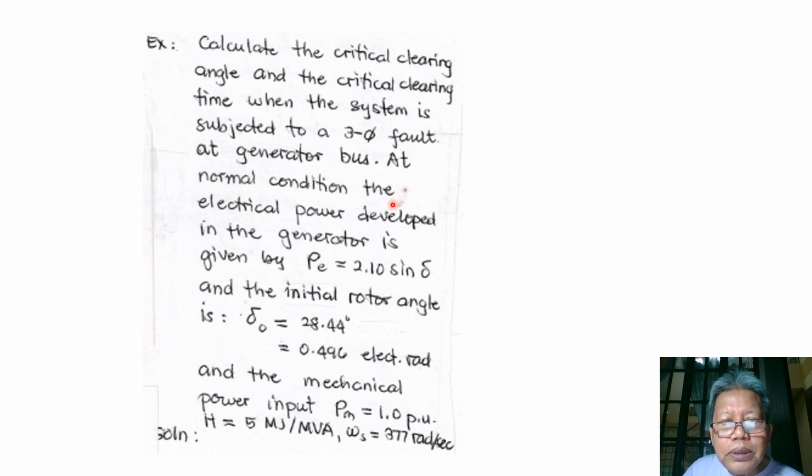At normal condition, the electrical power developed by the generator is given by Pe equal to 2.10 sine delta per unit, and the initial rotor angle is delta O equal to 28.44 degrees, or 0.496 electrical radians. The mechanical power input Pm is 1.0 per unit, H is equal to 5 megajoules per MVA, and omega s is 377 radians per second.